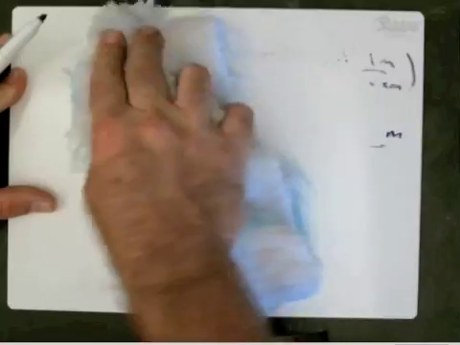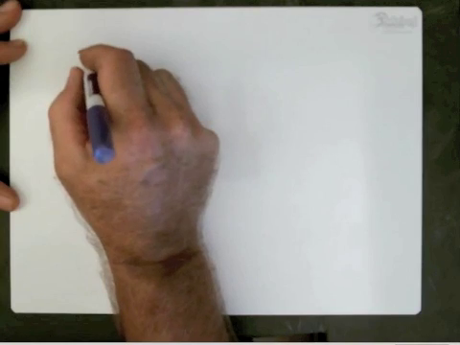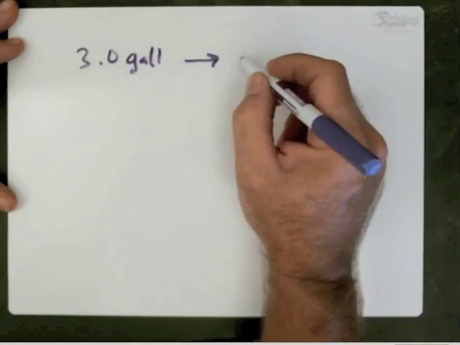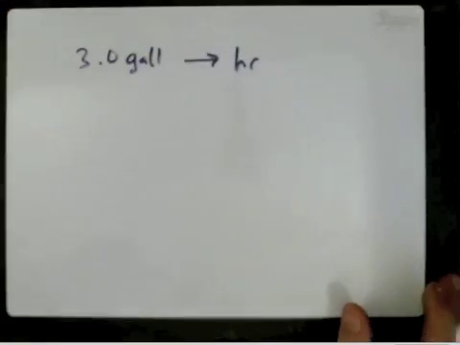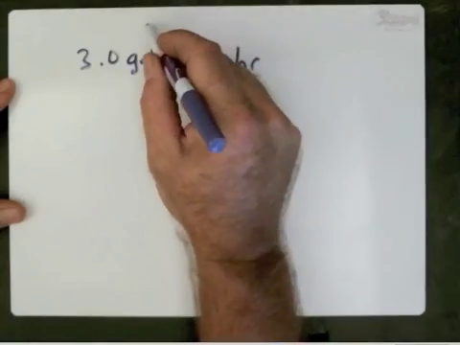We also learned last year that if you had something like 3.0 gallons, and I wanted to convert that to hours. Well, we learned, or you're supposed to have learned, to first recognize that gallons is a volume, and hours is a time.